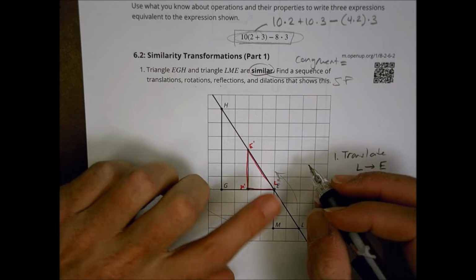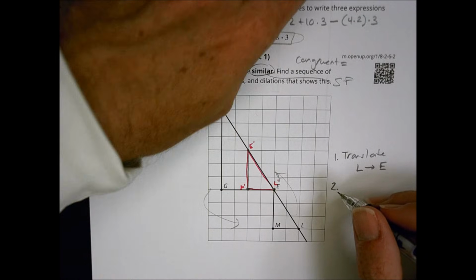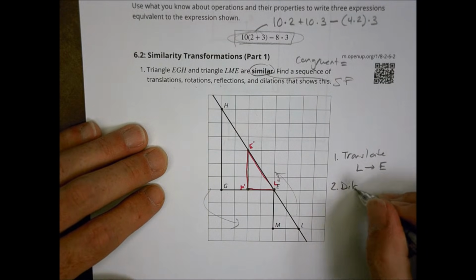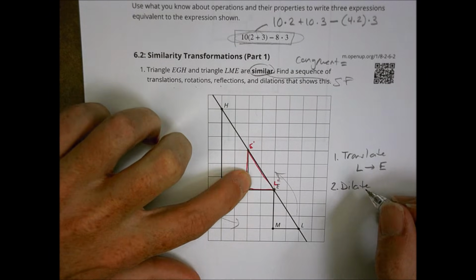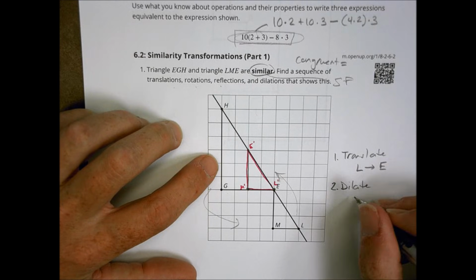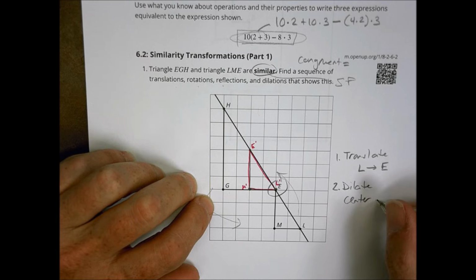Now that gets me to that point, but to show that they are similar, we could dilate this shape and turn it into that shape. If we dilate this, we could have the center be E. We need a center of dilation. Center is E.